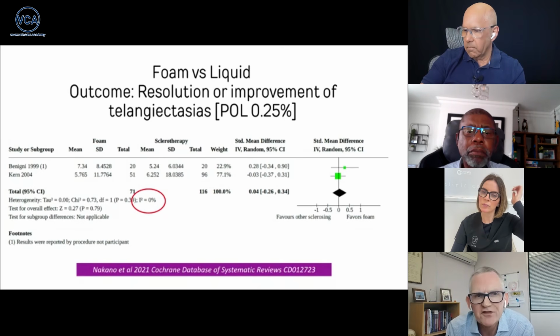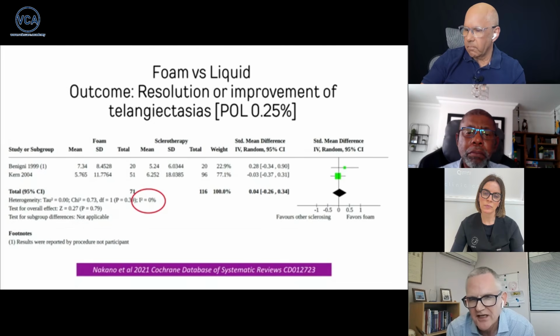The first one is actually quite a small study with only about 40 patients, and that's indicated by the length of the line, because the line is quite long, so it's a small study. The confidence intervals are quite a lot larger, but the summary of the data is indicated by the treatment effect in the green dot.